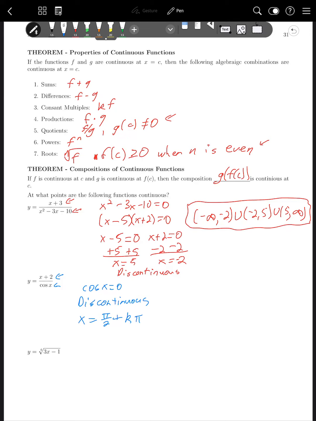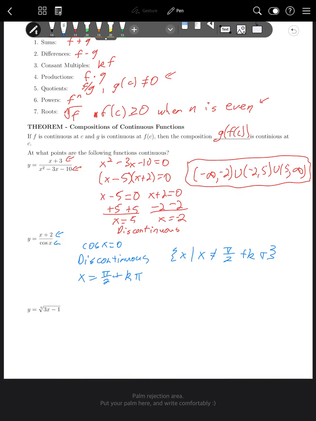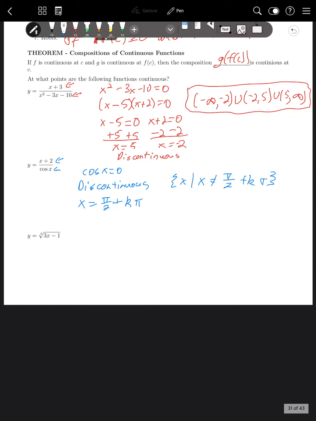So it would be 90 degrees plus, which is pi over 2, plus pi is 3 pi over 2, plus pi is 5 pi over 2, and so on. And also the other way, pi over 2 minus pi is negative pi over 2. So that's how we would say where it's discontinuous. So we could say it's continuous at all x such that x does not equal those values. We could use some set builder notation to write where that one is discontinuous. Okay.